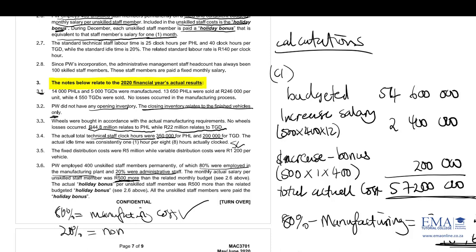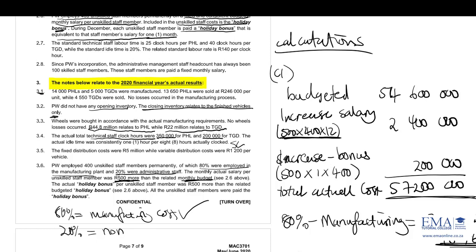So for the monthly salary, each and every person got 500 more than the related budget, which means for me to get the actual, I need to add the increase here, because when they actually paid them, they paid them each 500 more. That's why we had to say 500 multiplied by 400 workers multiplied by 12, because the 500 increase is on a monthly basis. So that's why we had to multiply by 12 and multiply by the number of workers.